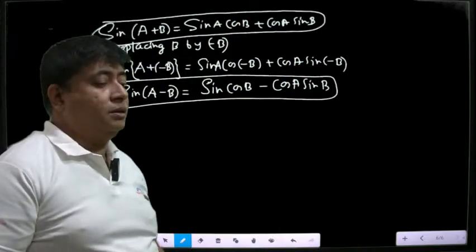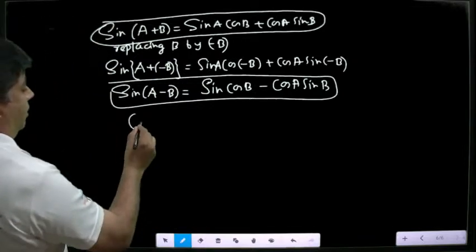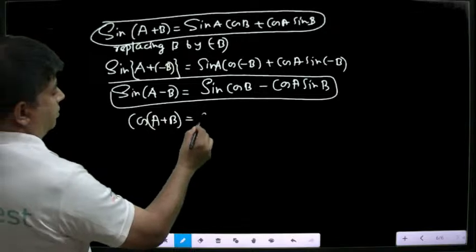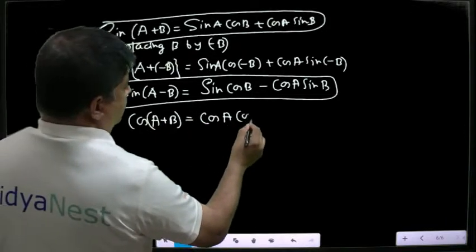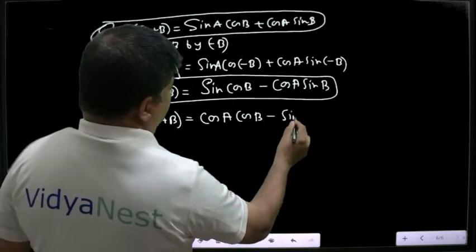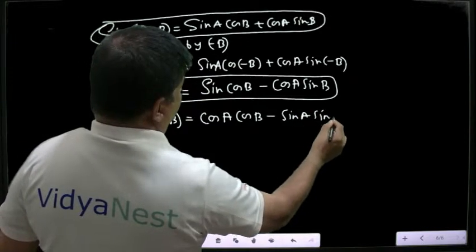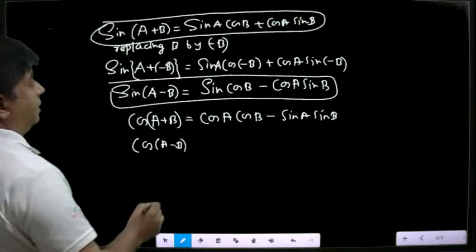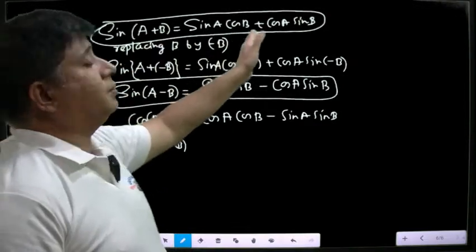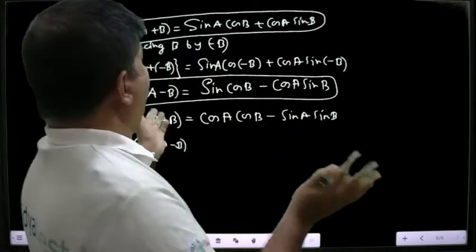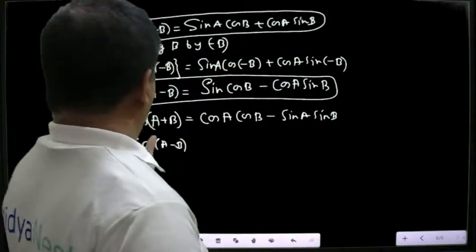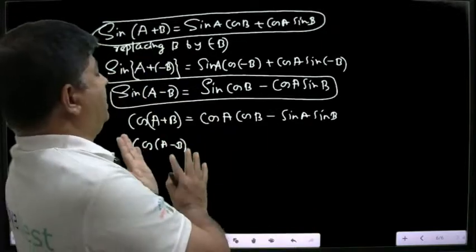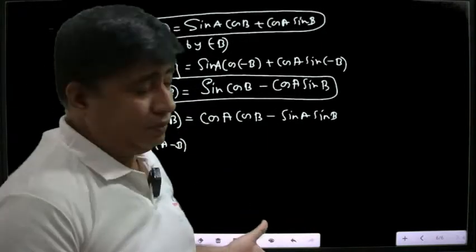Similarly, in similar manner, we will get cos A plus B: cos A cos B minus sin A sin B, and cos A minus B. It must be noticed that in case of sin A plus B, it was expanded as sin A cos B plus cos A sin B, but in case of cos A plus B, in two components it will be divided. With the same figure you can prove if you wish.